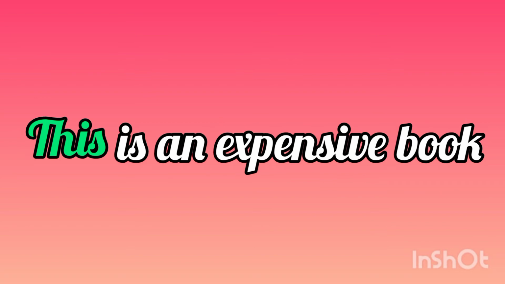Now if I change the structure of this sentence slightly, if I say this is an expensive book, there is no change in the meaning. My first sentence is this book is expensive. Here the word this is placed just before the noun book, so it is a determiner.